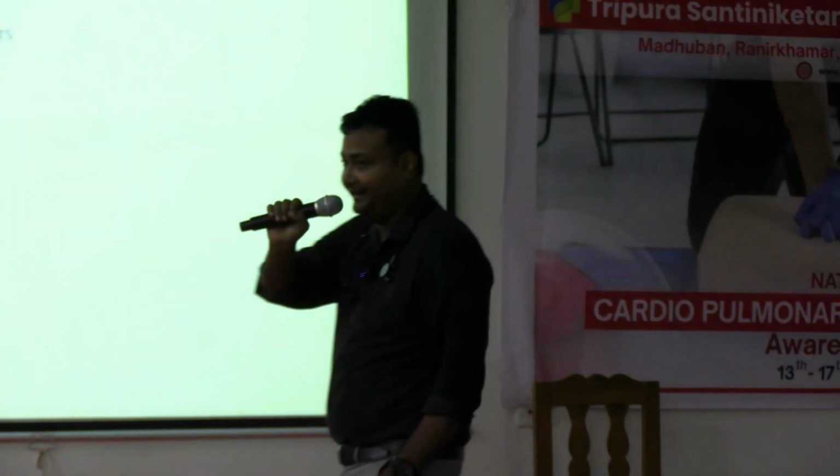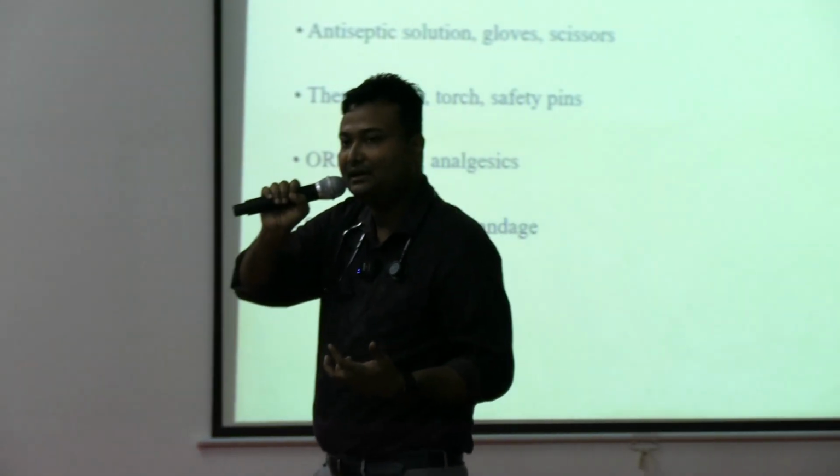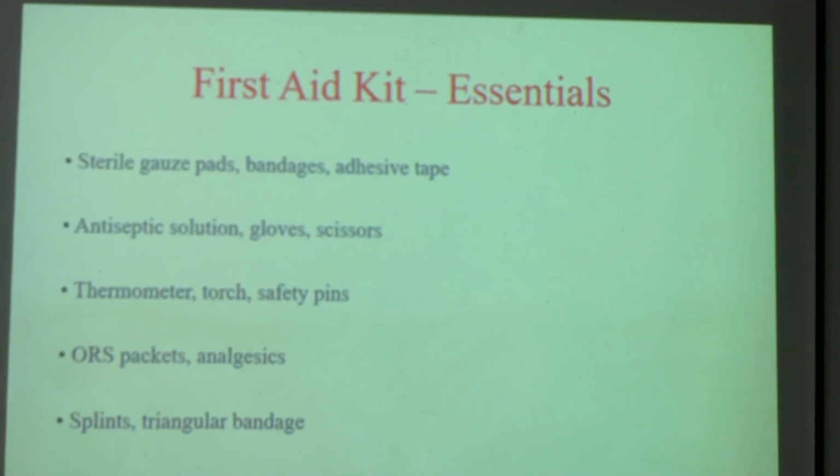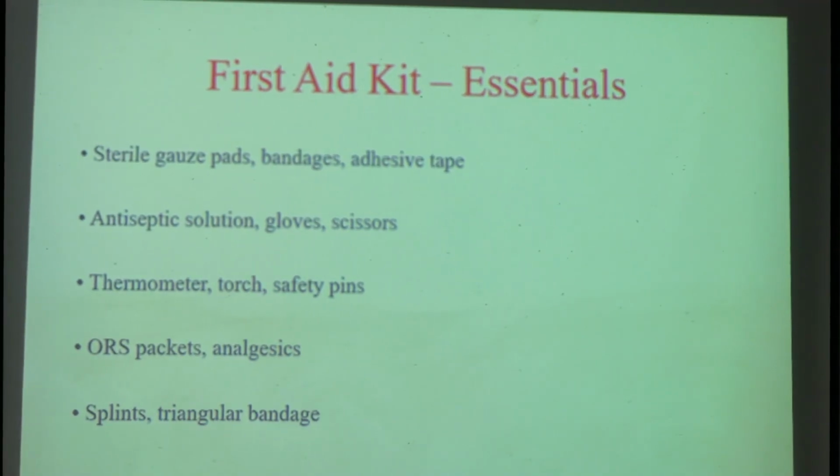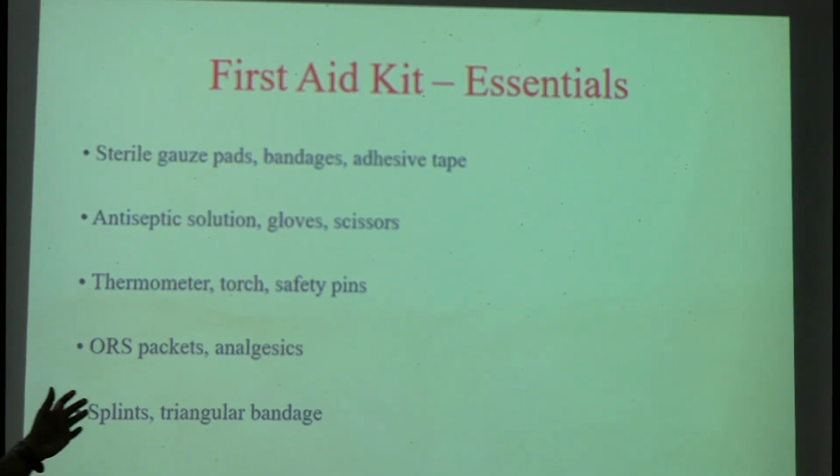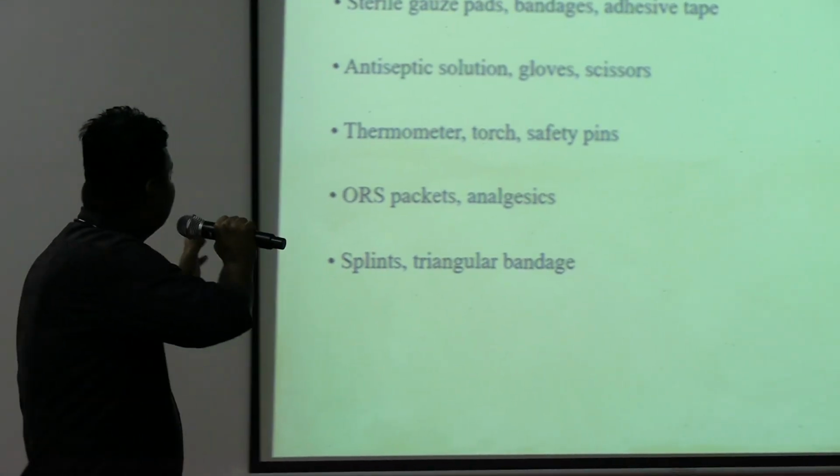Then, what is a first aid kit? You have to make a first aid kit, no? Usually first aid kits are there in a class, in a hospital, in a ward, or in an airport, in a railway station, anywhere. There will be a first aid box. What will be in the first aid box? There will be sterile pads, bandage, adhesive tabs, antiseptic solution, gloves, scissors, thermometer, torch, safety pins, ORS, splint, then bandage.